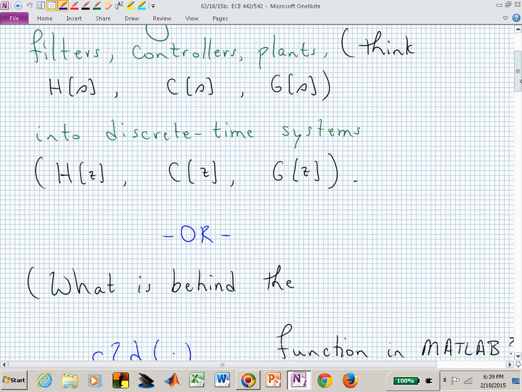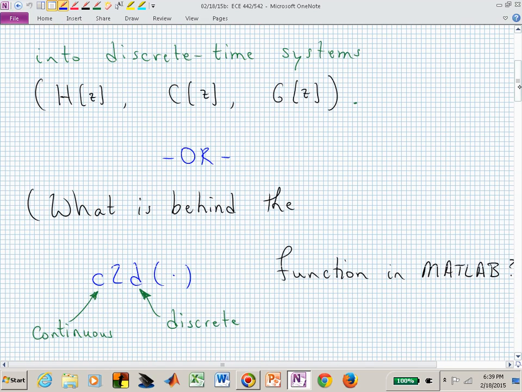Or if you remember some of your earlier assignments, maybe you're curious what's going on behind the scenes of this MATLAB function C2D. C to D, continuous to discrete, is where that's coming from. They get very creative when they name these functions, don't they?